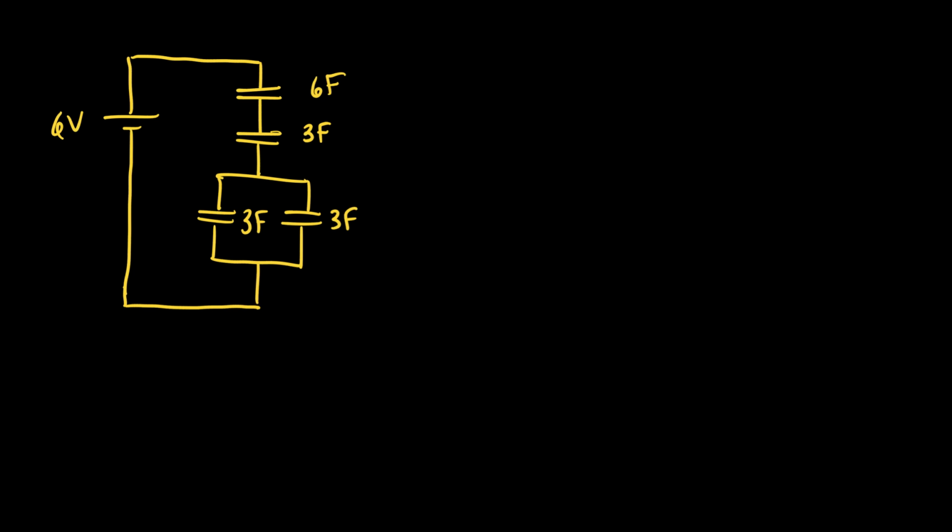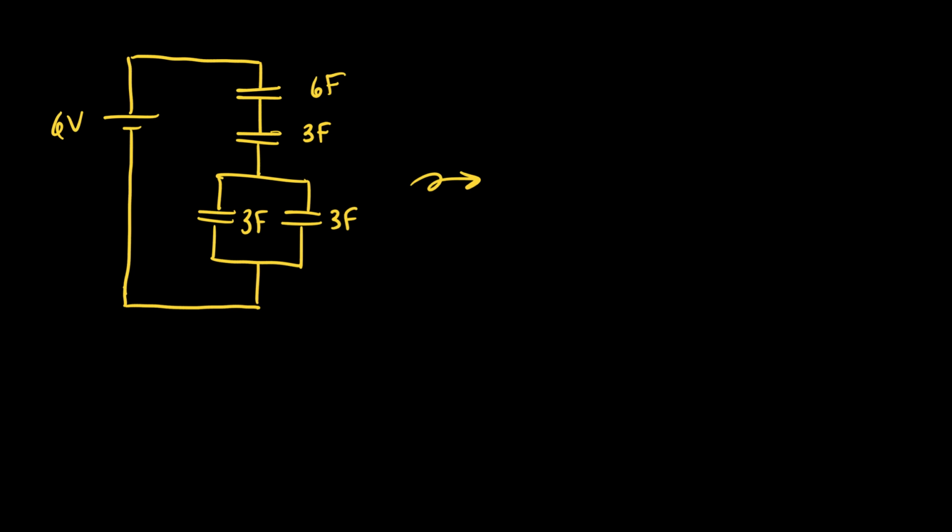For example, I have two capacitors that are in series and two capacitors that are in parallel. But I have series in series with a parallel element. Do you guys kind of see that? So the first thing I could do is reduce this circuit by picking either the parallel or the series to make simpler.